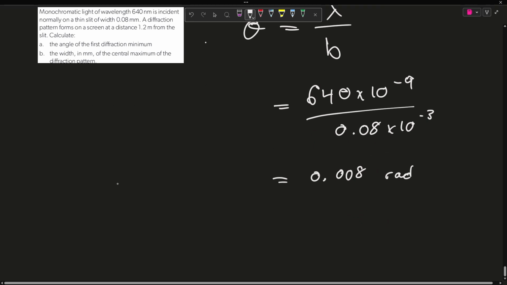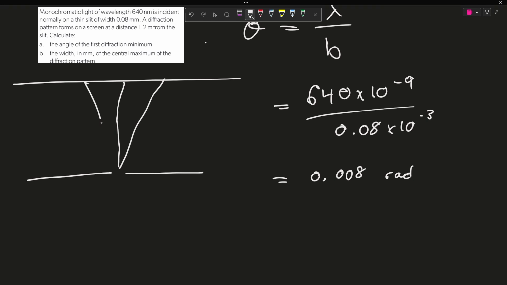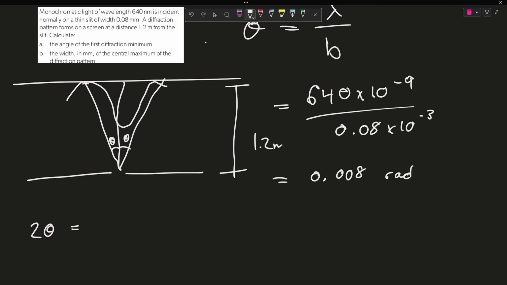So for the width of the central maximum in millimeters for this drawing, it looks like this, and this is theta, then this is also theta, so 2 theta, and we know that this distance here is 1.2 meters.